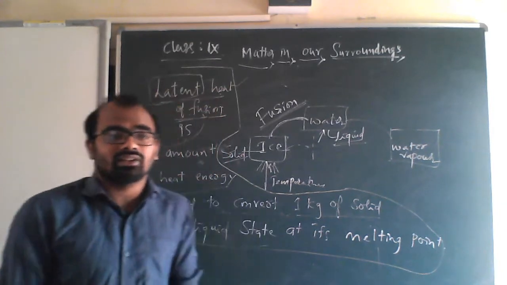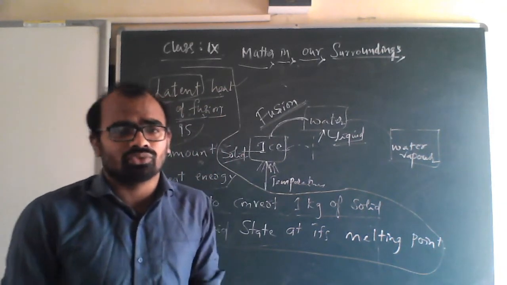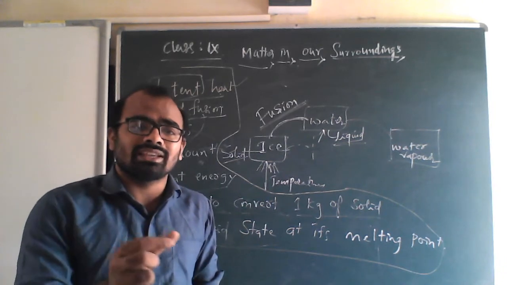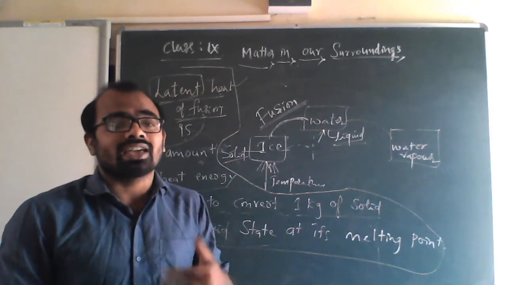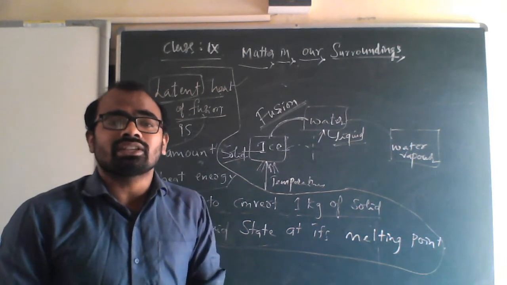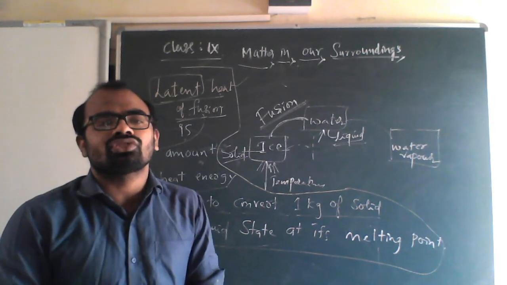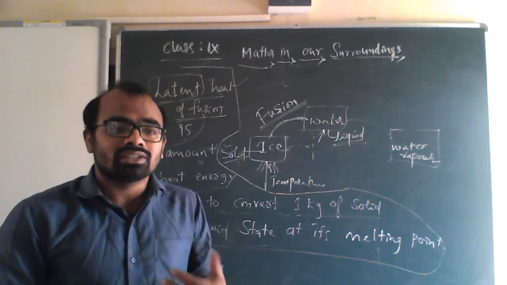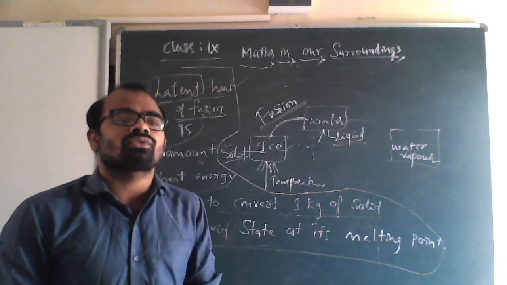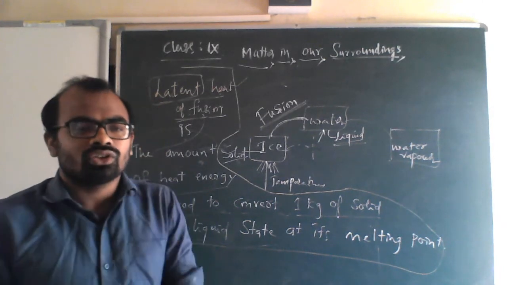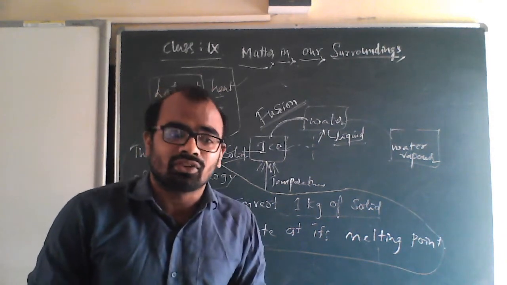Okay, and what is latent heat of fusion? So you understood what is latent heat of fusion. Even though we are giving the heat and the ice starts melting, there is no increase in temperature. So whatever heat energy we are giving to the ice is all used for the conversion of solid state to liquid state. So we call this latent heat of fusion.